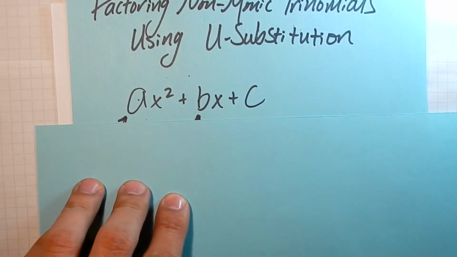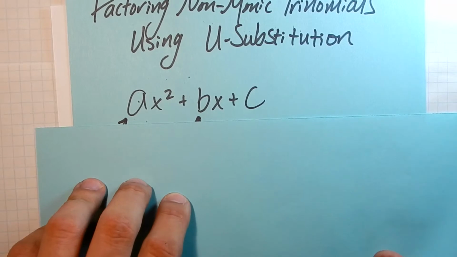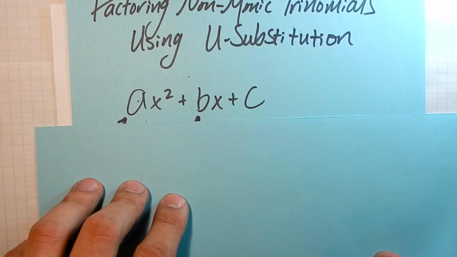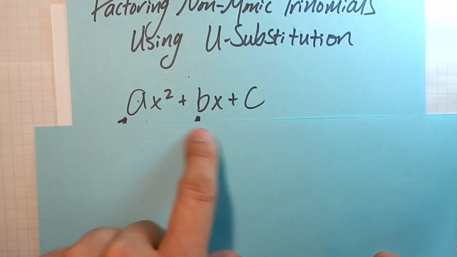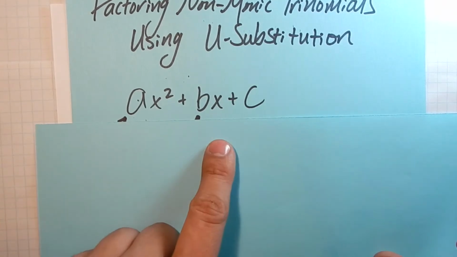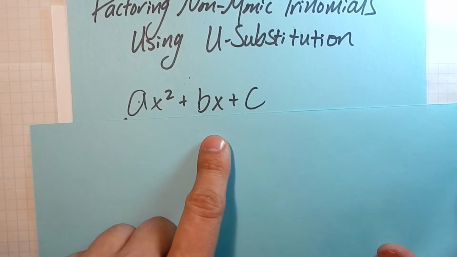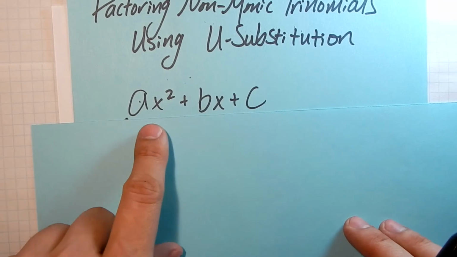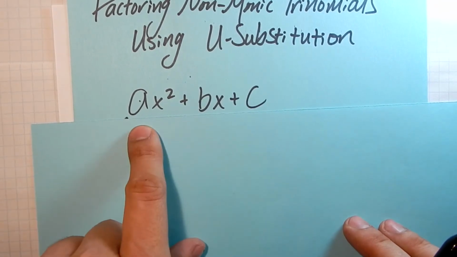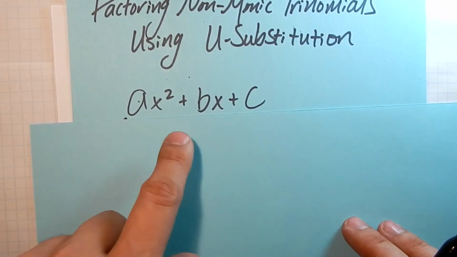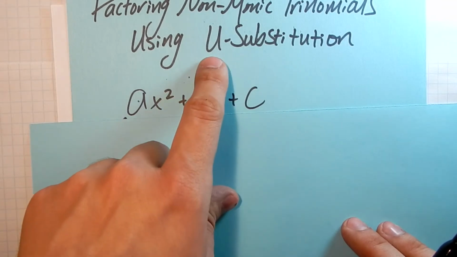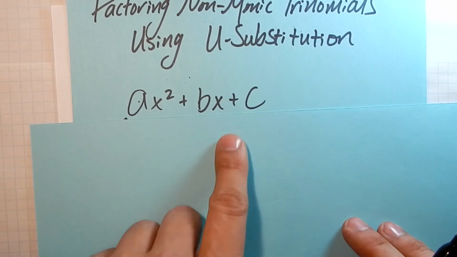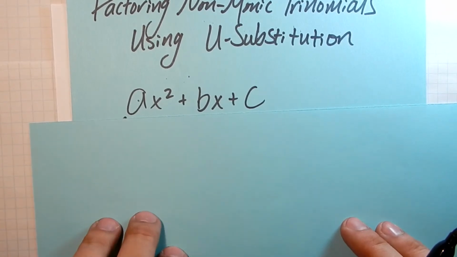The difference between this method and the other one is that this uses a little bit of substitution. We take this trinomial and turn it into a monic trinomial using a substitution. We let our x term and a coefficient equal some u value, and then we substitute in, and it ends up being a monic trinomial, which is easier to solve.